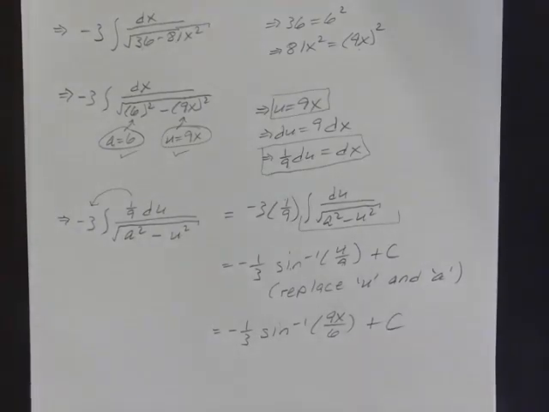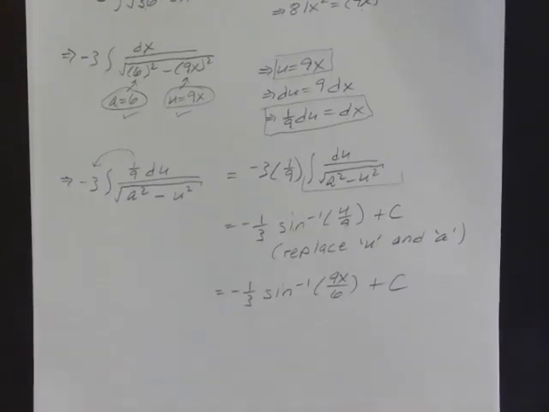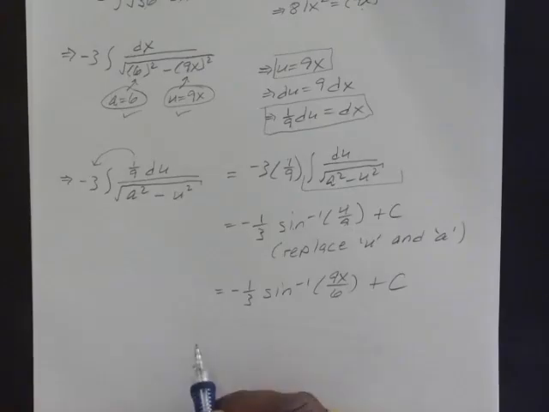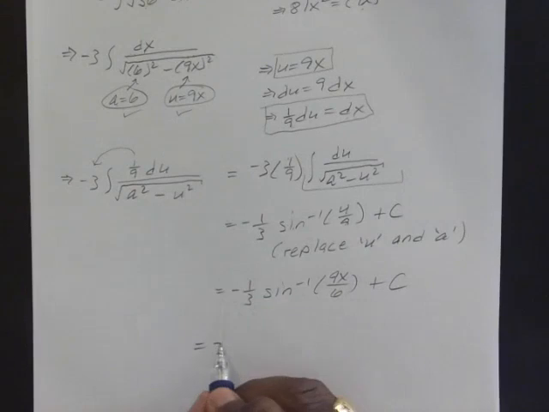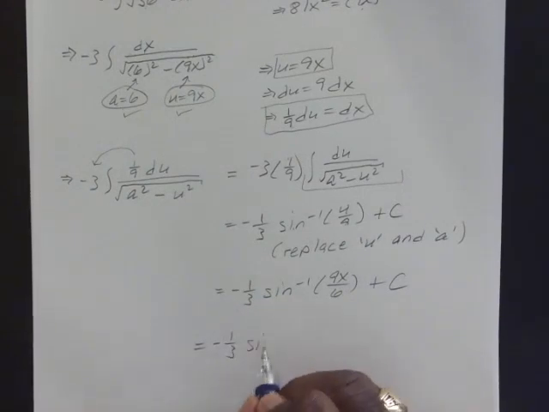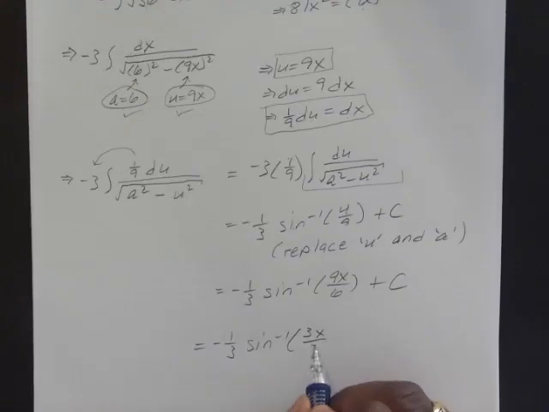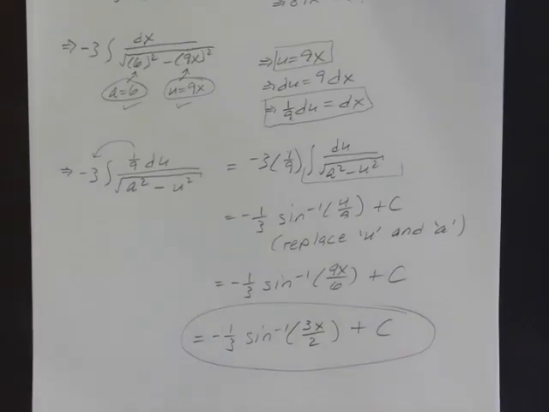Plus c. Okay, so if you need to simplify, that's about it. But after that, you are done. So we have -1/3 times sine inverse, and 9 over 6 can be simplified to 3 over 2. So that's 3x over 2 plus c. And that would be our final answer.